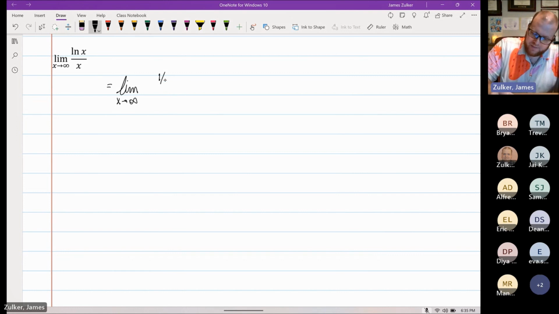Take the derivative of the numerator function, right? Derivative of the denominator function. Now try evaluating it again. 0 over 1, 0.